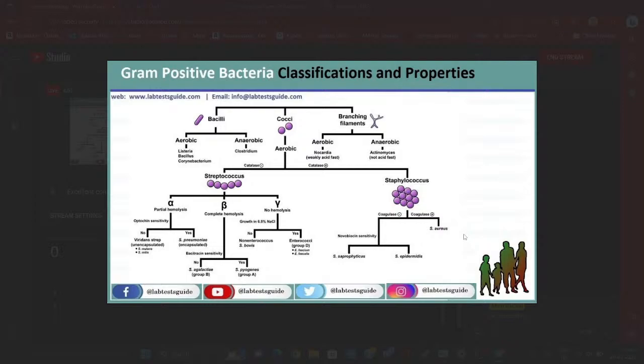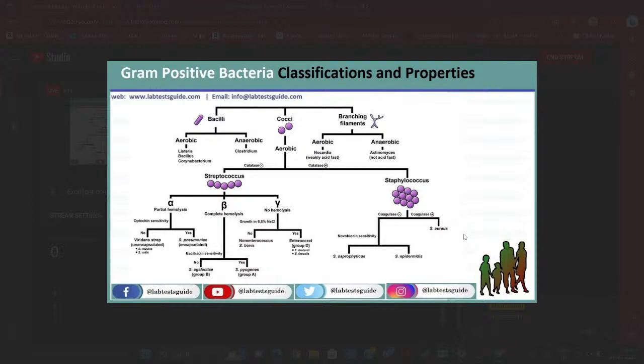What is the catalase enzyme? It is the enzyme which converts hydrogen peroxide into water and oxygen. When we take the bacteria and put it in hydrogen peroxide solution, the water and oxygen bubble out.